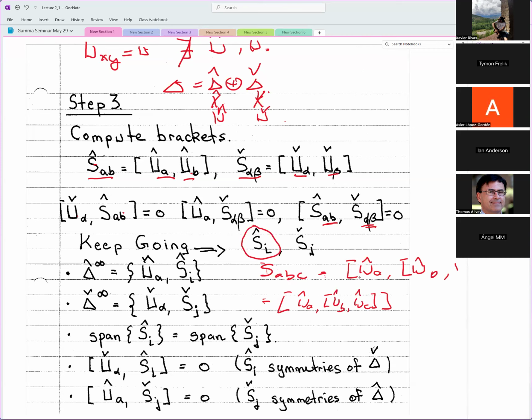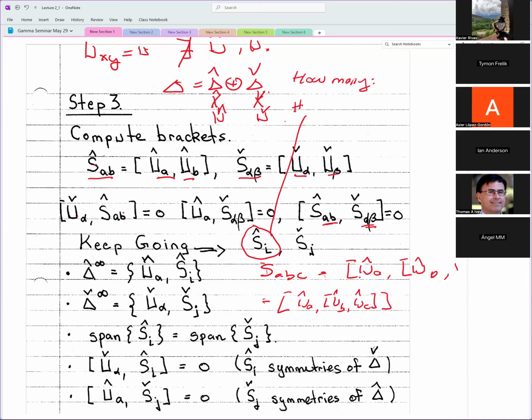And so each one of these vectors is an iterated bracket of the U hats. Each one of these vectors is an iterated bracket of the U checks. How many are there going to be? There's an easy formula for this.